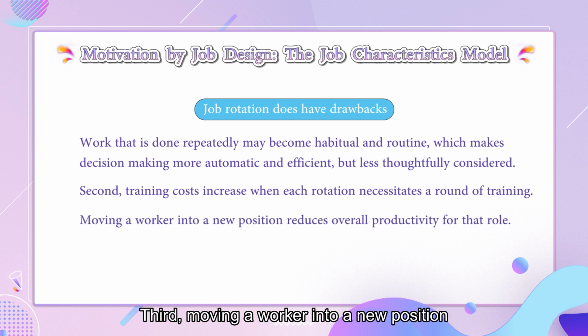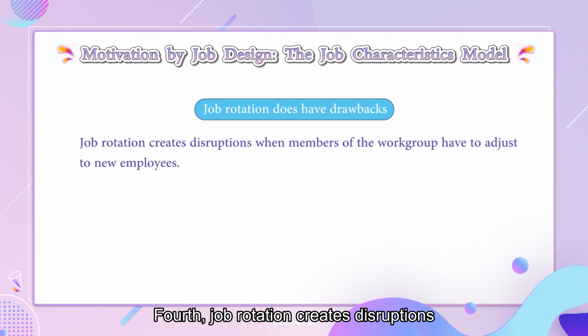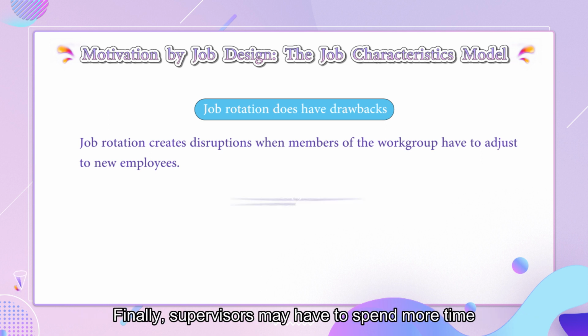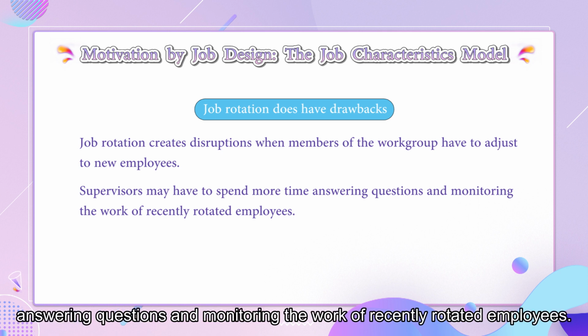Third, moving a worker into a new position reduces overall productivity for that role. Fourth, job rotation creates disruptions when members of the work group have to adjust to the new employees. Finally, supervisors may have to spend more time answering questions and monitoring the work of recently rotated employees.